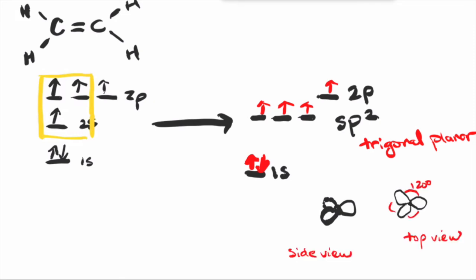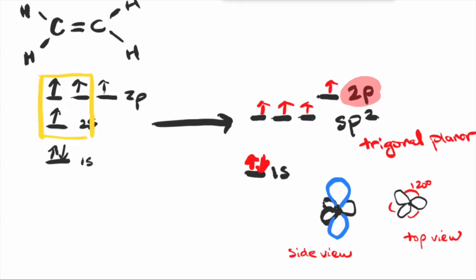That's a top view for perspective, but we need to look at the side view in this case because there's that one p orbital left behind. Where would that go? To be farthest away from the sp2 orbitals, it has to be orthogonal to those orbitals. So from the side view, it looks like that.